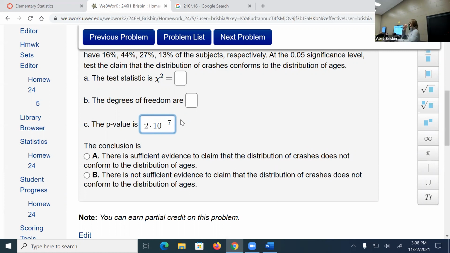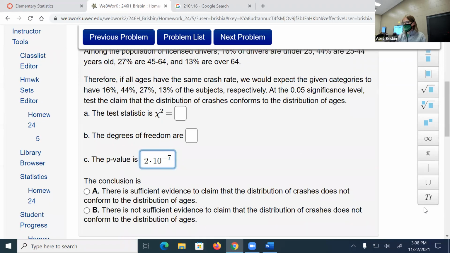That's not the actual p-value, I was just making up. If you forget that it's the caret, you can also make use of these buttons on the side. So you could do like this button to get the exponent.